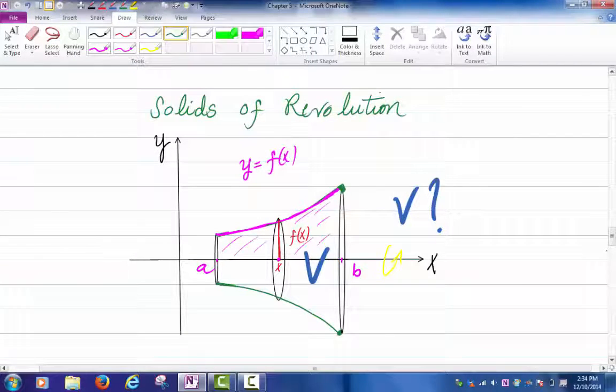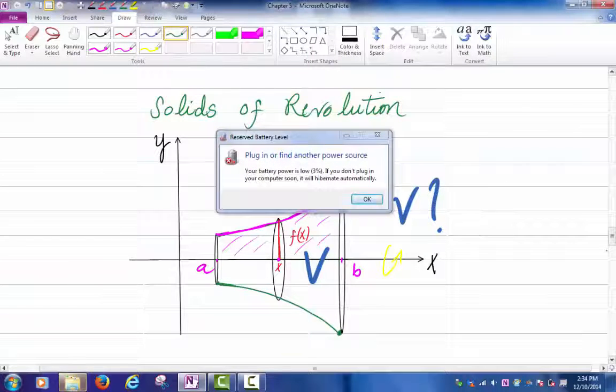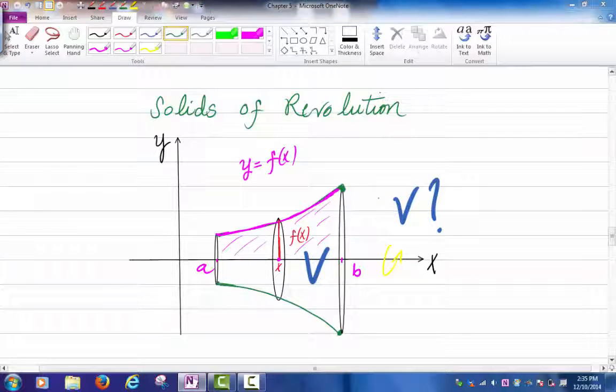So you are revolving the red line segment around the x-axis. Every single line segment is being revolved around the x-axis. When you revolve this line segment around the x-axis, you get a disk. Can you tell me what's the area of that disk?